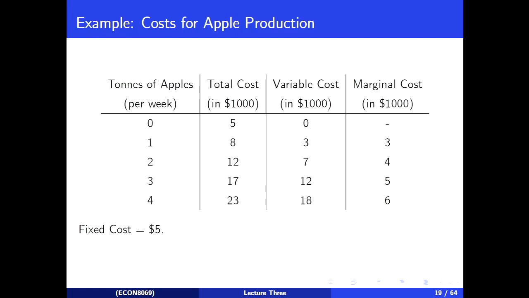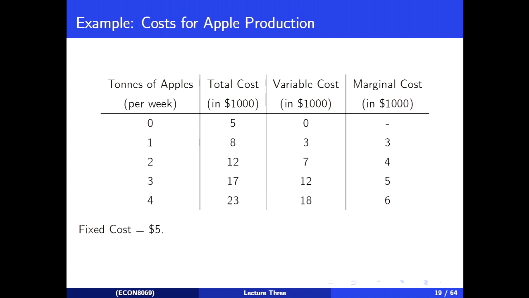I'll do this example now. I'll fiddle things around a little bit. So we can talk about the fixed cost, the variable cost, and the marginal cost of producing tons of apples per week. We talk about 0, 1, 2, 3, and 4 tons of apples. We can talk about the total cost of production.